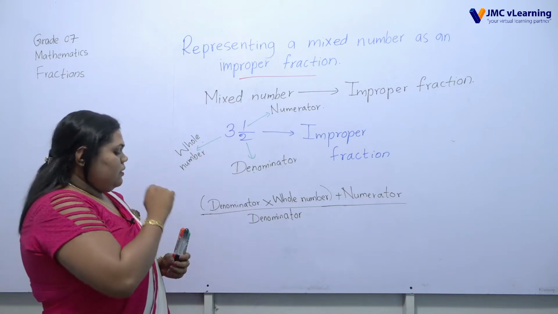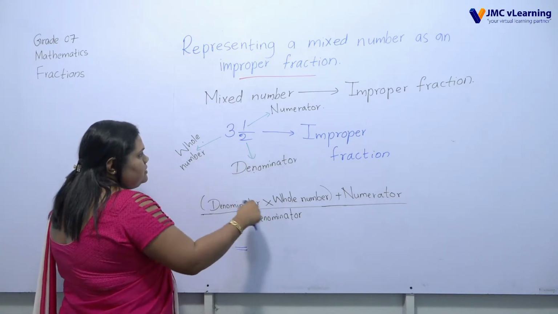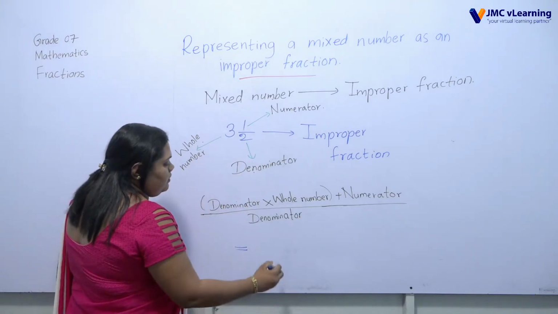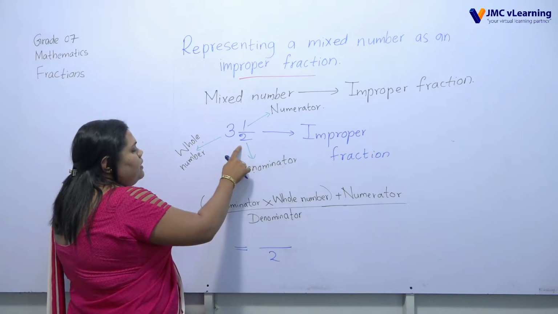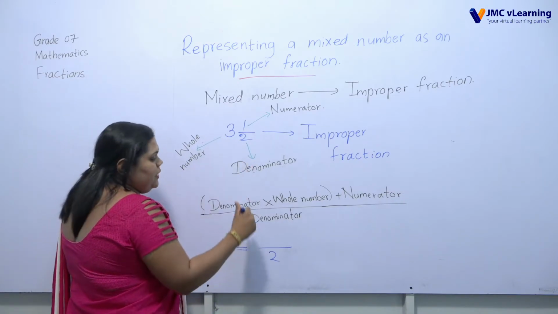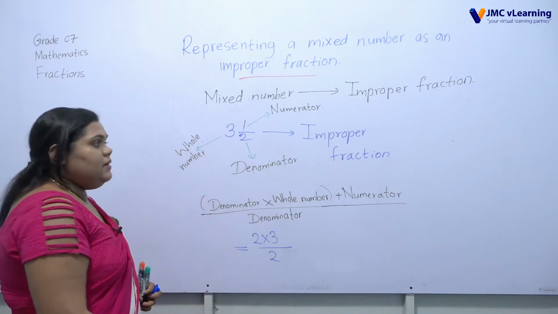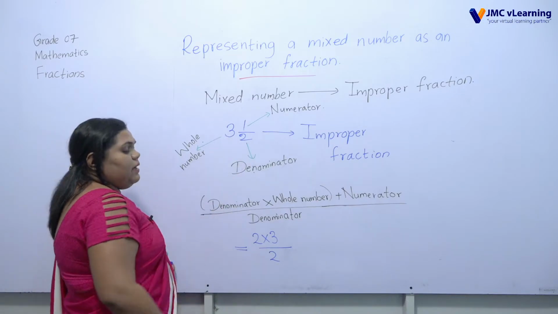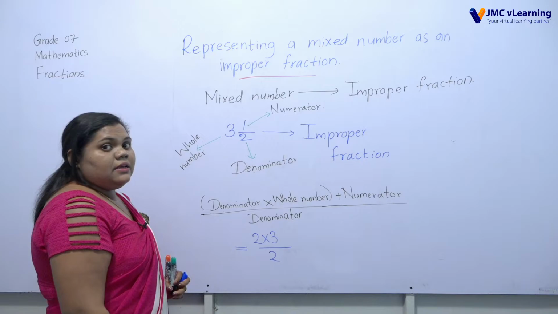Okay, now we'll apply this method for this sum. The denominator is 2. After that, you want to multiply the denominator and whole number together. 2 times 3, okay, children, the denominator is multiplied by the whole number. 2 times 3, 6.